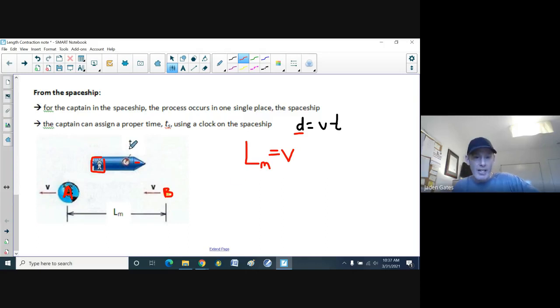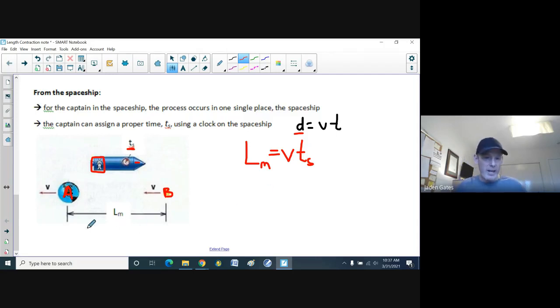Now, the time that it takes, again, they're in the spaceship, is our TS, stationary, because to them, the spaceship's not moving, everything else is moving to them. All right, because for the astronaut in the spaceship, that would be considered our stationary time.